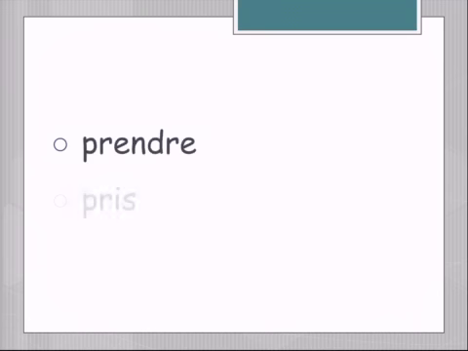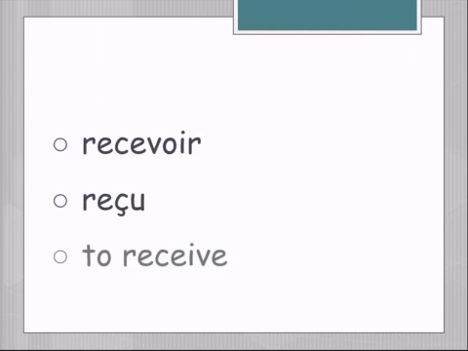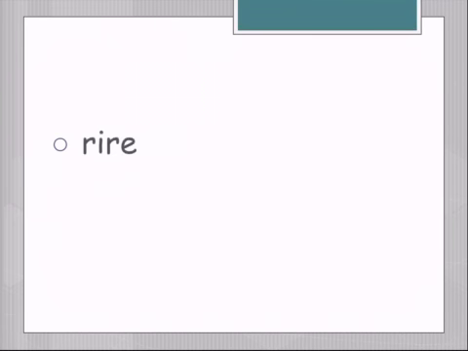Pouvoir turns into pu. It's not pu with pursed lips, pu, to be able. Prendre turns into pris, to take. Recevoir turns to reçu, to receive. Rire turns into ri, to laugh.